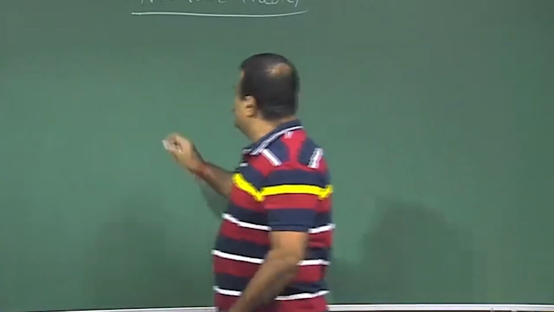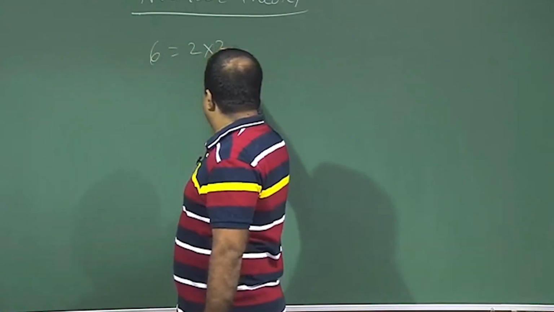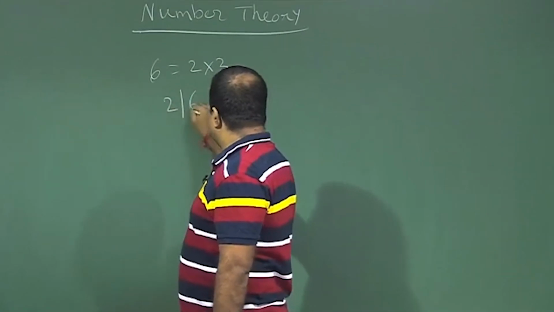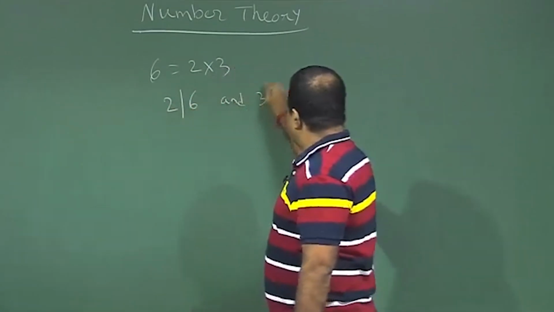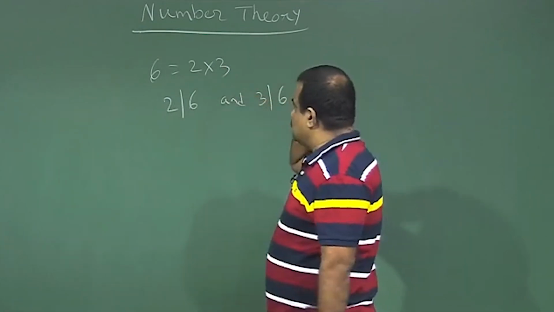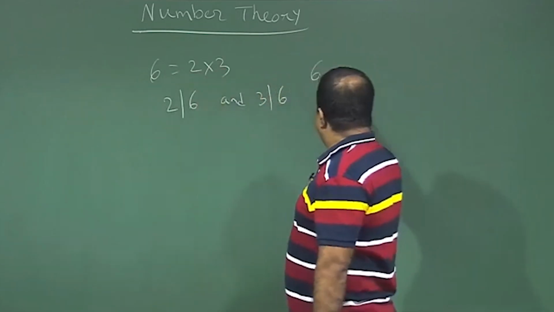Like 6 has two divisors, 3 and 2. That means 2 divides 6 and 3 divides 6. Since it has a divisor other than 1 and itself, 6 is not a prime.